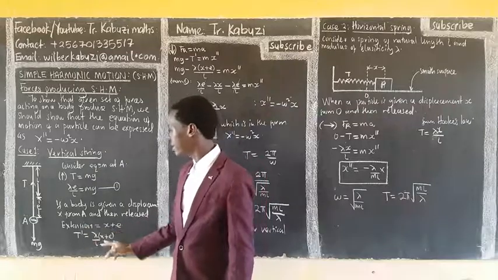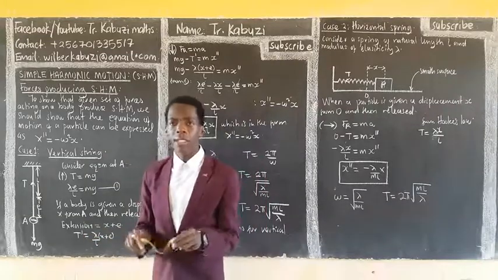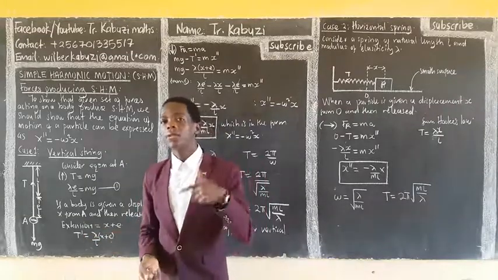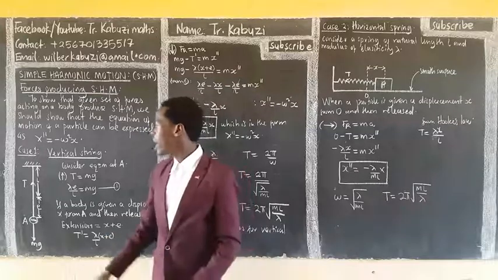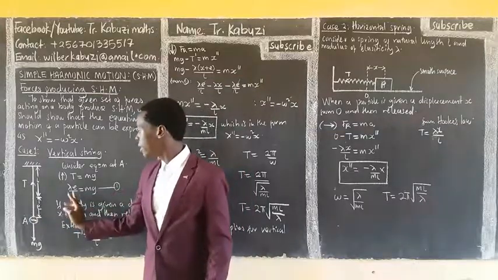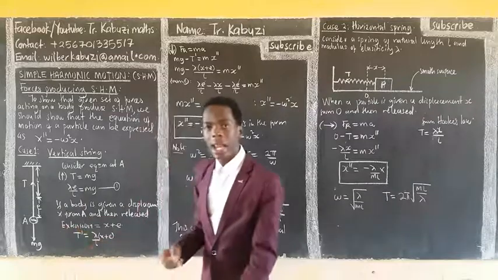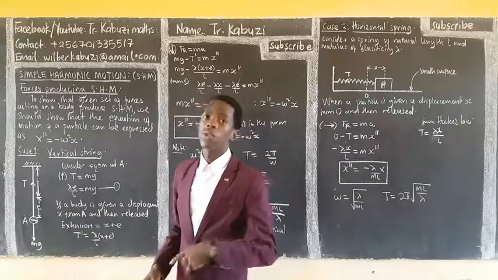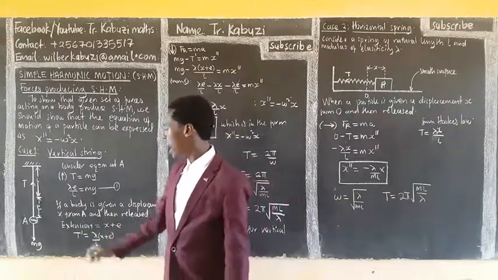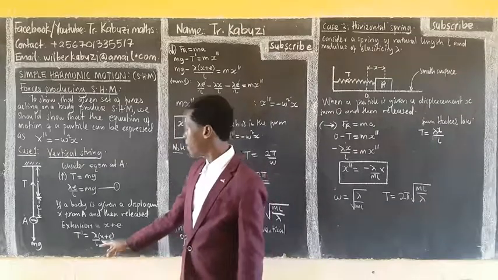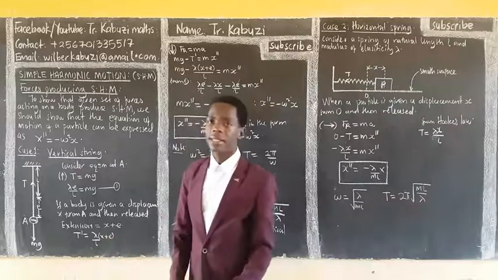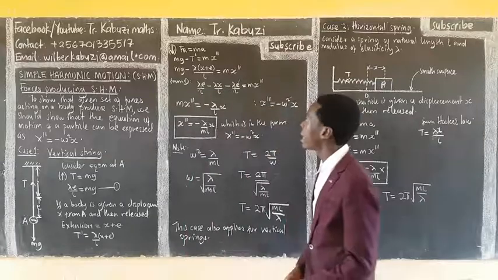So now this is the extension. After stretching it further, the tension in the string is going to change. When it's just here, the tension is given by that, but when I stretch it further, the tension is also going to increase. That's why I have T1 now. This is my extension, so I have lambda times x plus e over L.